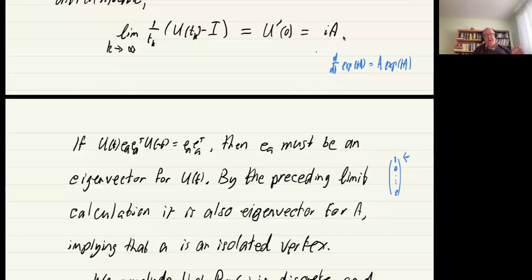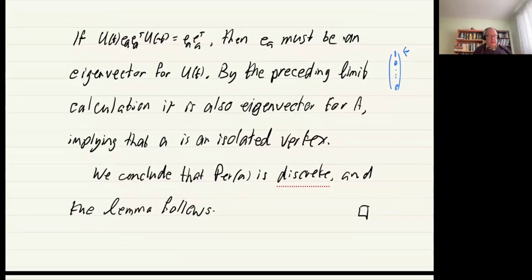By the adjacency matrix of this, you get the first column. Okay, so then A is an isolated vertex, and we took care of that by hypothesis. So we conclude the period of A is discrete, and the lemma follows.